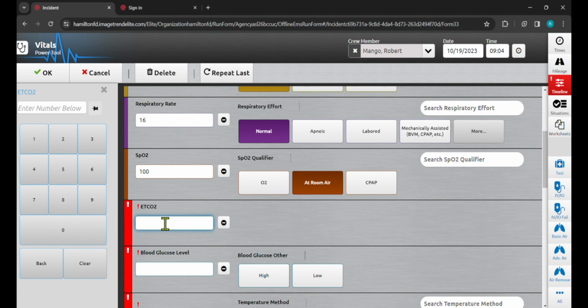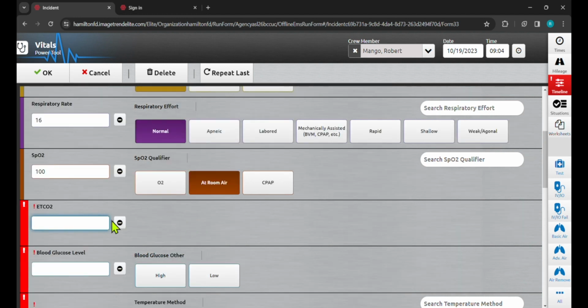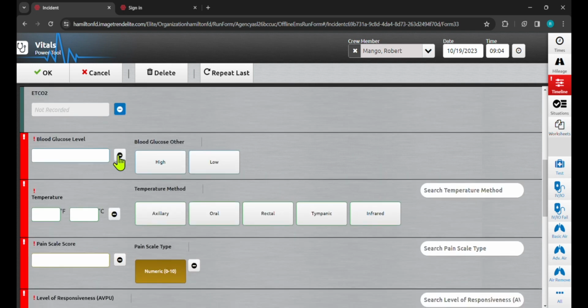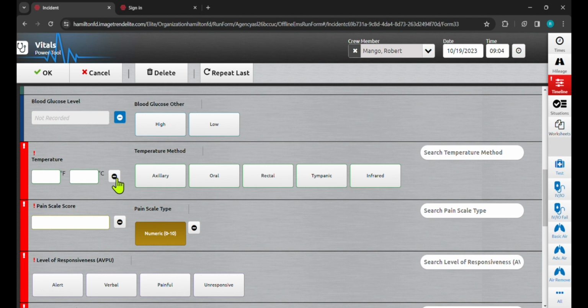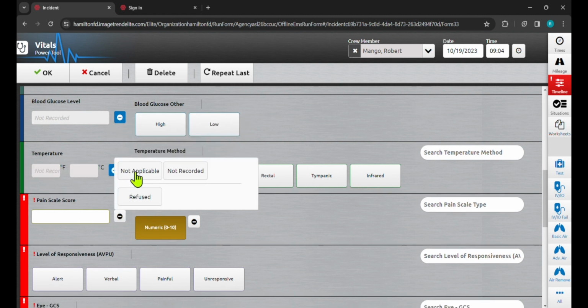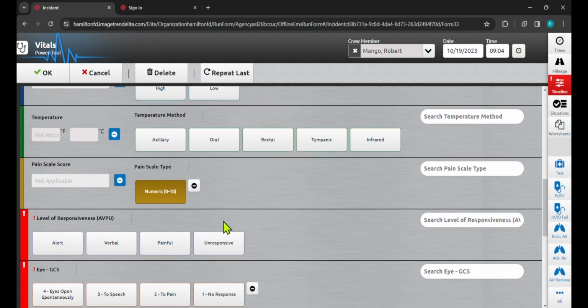In a respiratory run, we probably should. But maybe on the first set, when we first got there, we didn't have it going yet. We didn't get that going until we were in the truck, so it's not going to be applicable. Let's say we had 0 concerns with the sugar, so we didn't take it. The temperature, we didn't need to take. This isn't a pain type run, so we're going to say not applicable.